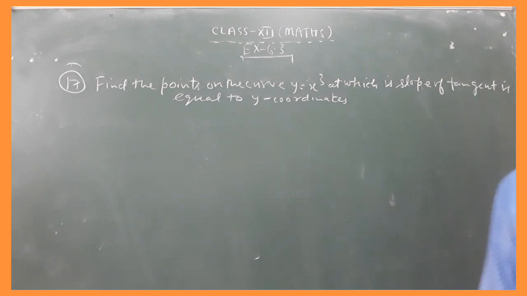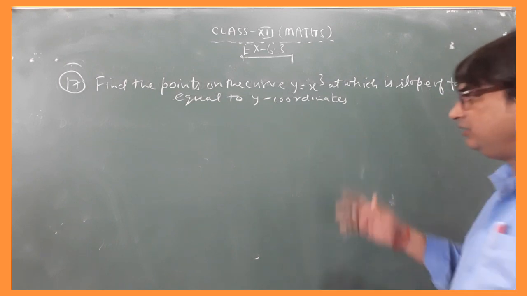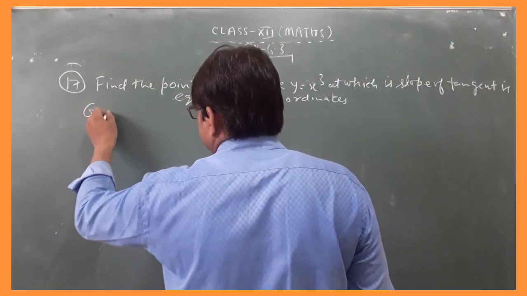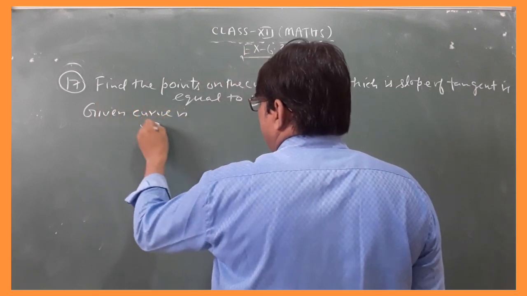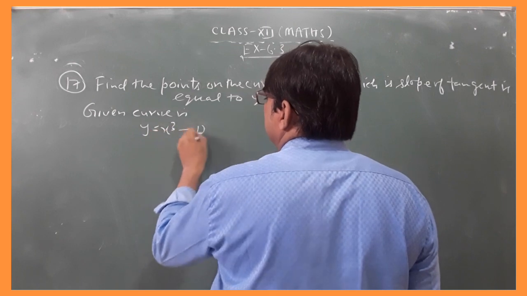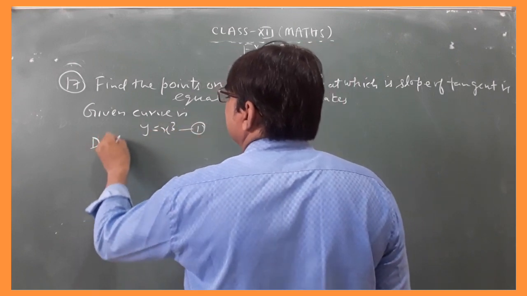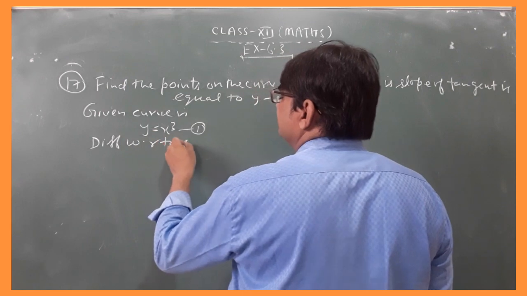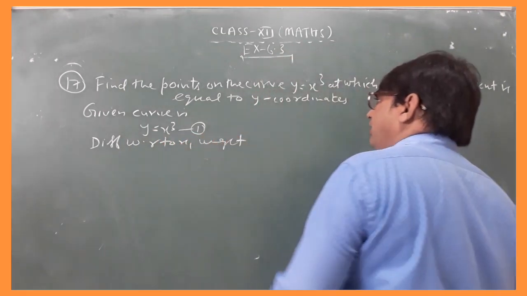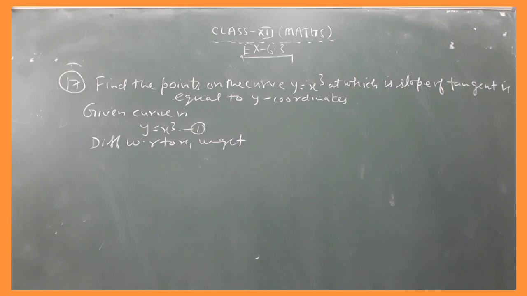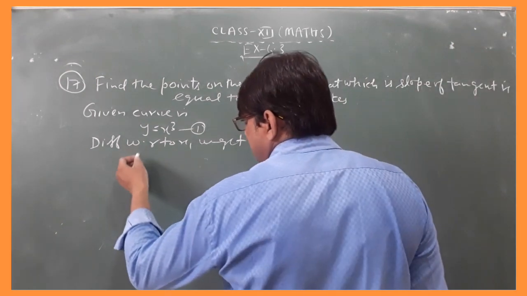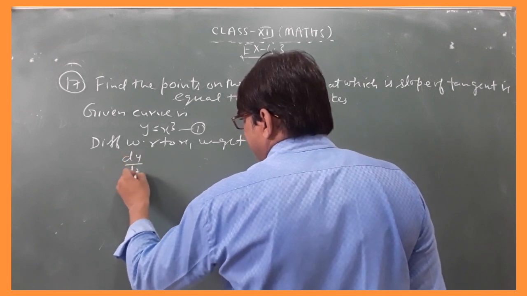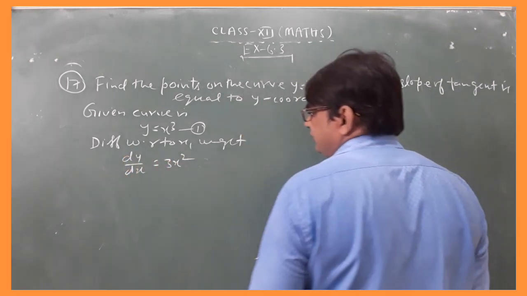तो फाइंड द पॉइंट्स निकालने हैं स्टूडेंट। Find the points on the curve, डिफरेंशिएट देम। Given curve is y is equal to x cube, differentiating with respect to x we get। अब हम इसको डिफरेंशिएट कर दें और इक्वल है तो y कोऑर्डिनेट पे इक्वल करा दें, तो dy by dx is equal to 3x square.